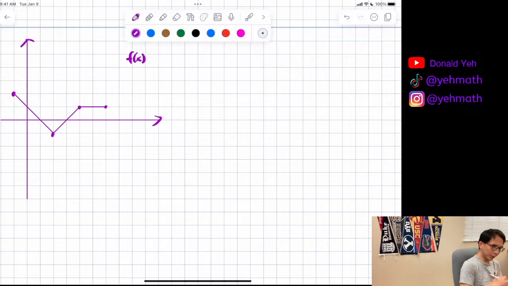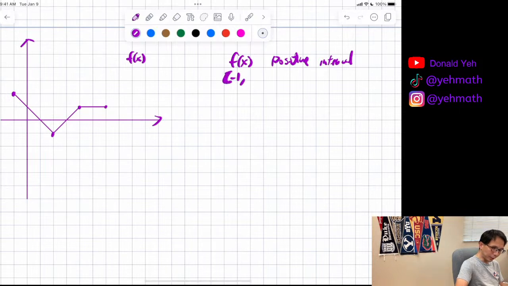Which region, so where is f of x positive? Intervals. Nathan? -1 to 1? Union 3 to 6 bracket, right?